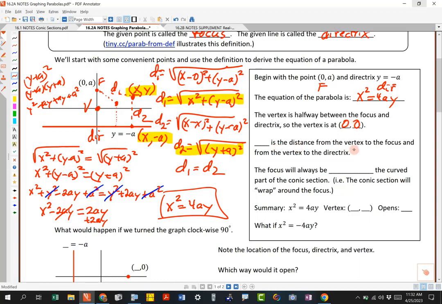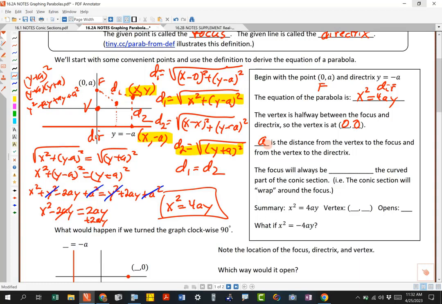It says blank is the distance from the vertex to the focus and from the vertex to the directrix. So how far is it from here to here and from here to here? If this is 0, a, what is it? Just a. So a is the distance from the vertex to the focus and from the vertex to the directrix.